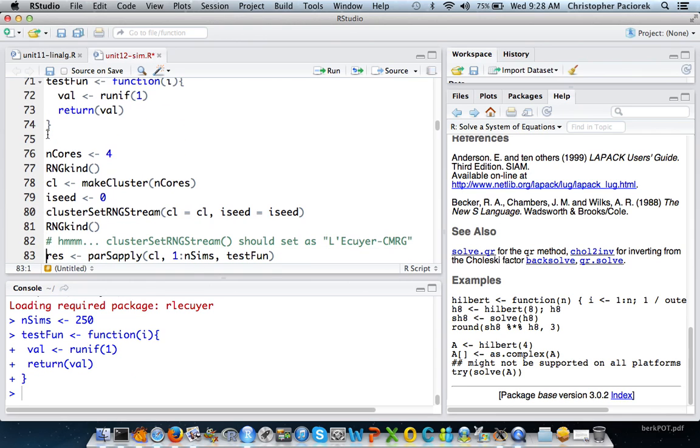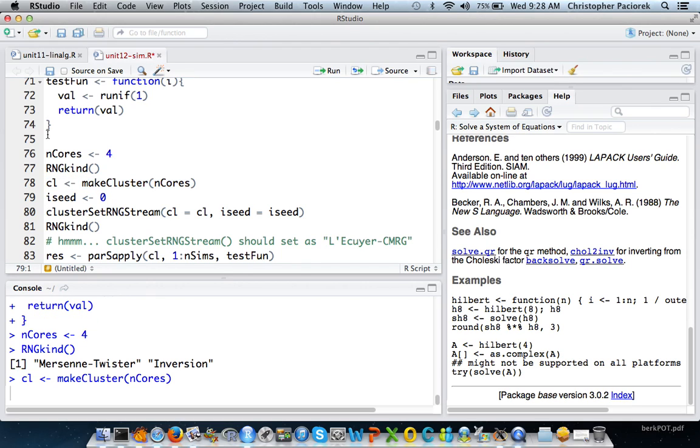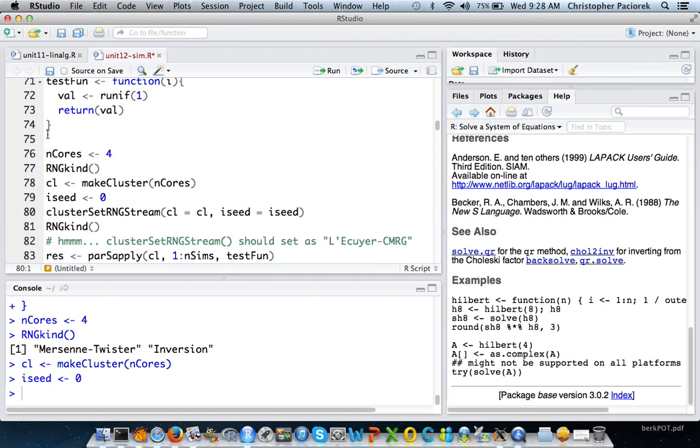Now I'm going to see what the current default random number generator is, which is the Mersenne twister. I'm going to make a cluster so that I can then use parSapply. This goes back to what we saw in the parallel unit. I'm going to set the seed, which I'm calling iSeed, to be 0.